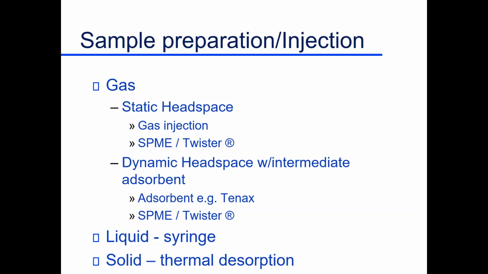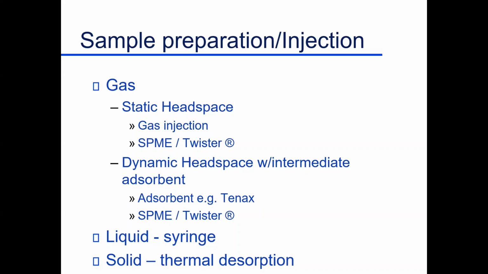If you're doing a liquid, so these are all the ways of looking at the gas above a food sample. If your food is liquid, you might be able to use a syringe, but you wouldn't be very happy with apple juice and some of these things, so it could be a problem. But if you're looking at some liquid material, you may be able to just take a syringe and make an injection.